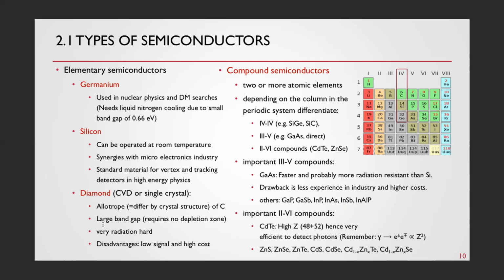Diamond has a large band gap of 6 electron volts. It requires no depletion zone, as we're going to see. That means much less necessity for the electronics that are needed for operating the detector, and it's extremely radiation hard. Now, the disadvantage of diamond is that the signal is low and the cost is very high.